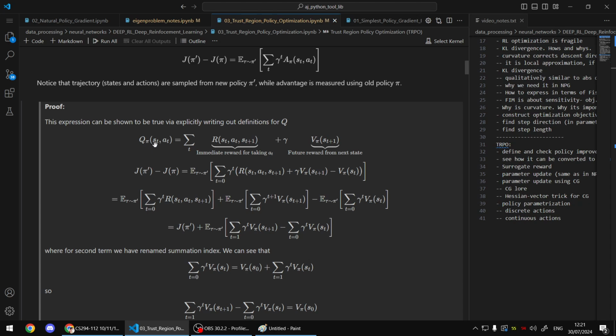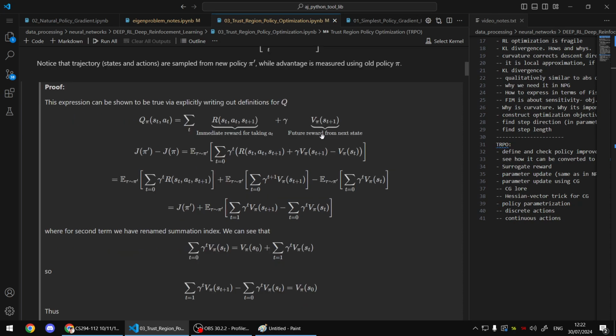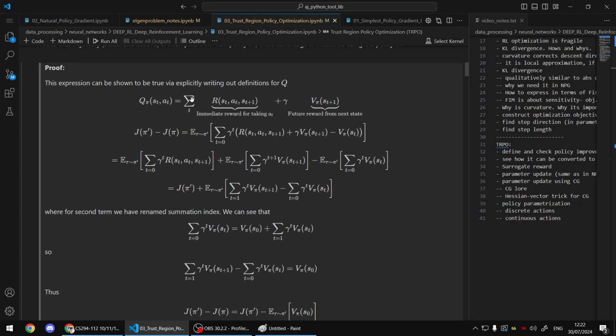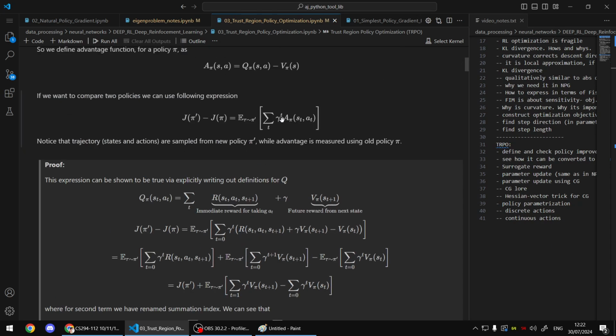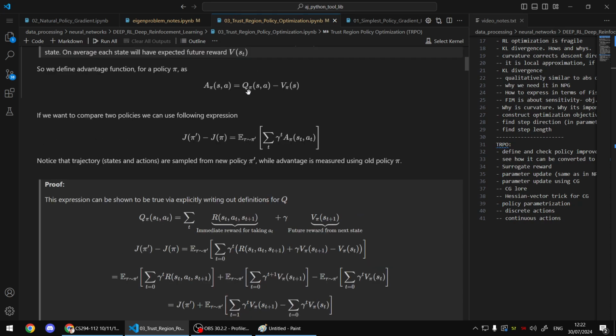So if we are in state S_t and take action A_t, that means that we are transitioning to S_{t+1} where we receive the reward, and then we add discounted future rewards, if we follow this policy from this current state. And we can rewrite our advantage in terms of this action value.